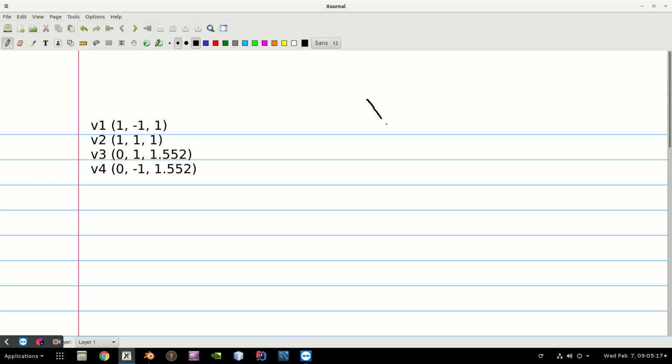Let me just draw this part over here. We got a quadrilateral like this. Over here we got V1, over here this is V2, this is V4, and this is V3. However, you'd notice that we don't really need V3, because the vectors we'd be working with are made out of vertices V1 and V2, and V1 and V4.